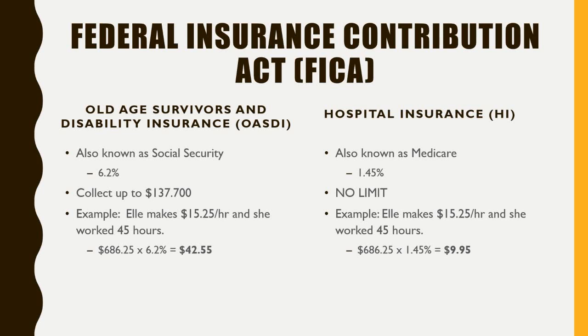As of right now, it is currently going to be taxed at 6.2% of your total gross earnings. 6% is going to be contributed to the Social Security. Right now you have a cap maximum of how much Social Security can be collected. So the maximum amount is going to be $137,700.